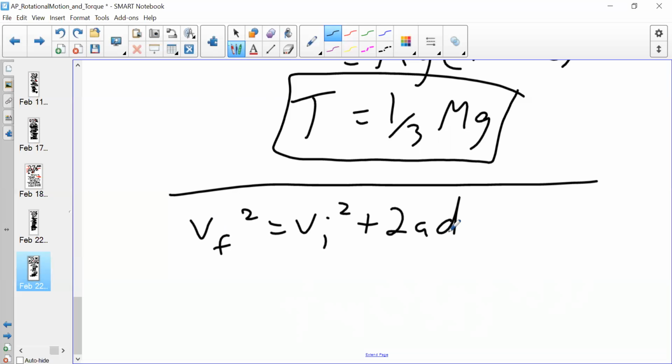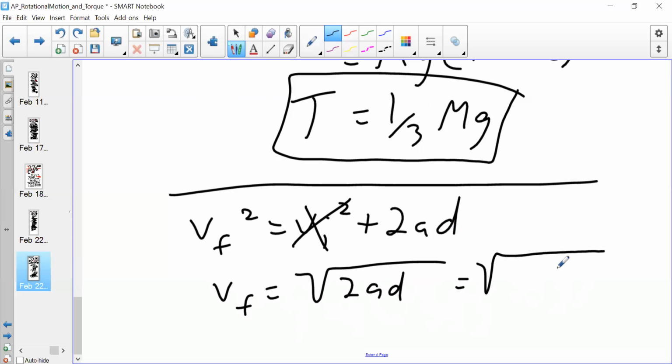It's just some distance d that it traveled through. We have the expression for the acceleration. We know it started from rest, so that goes away. Two times 2/3 gd, and yeah, 4/3 gd, gh. It doesn't really matter at this point.